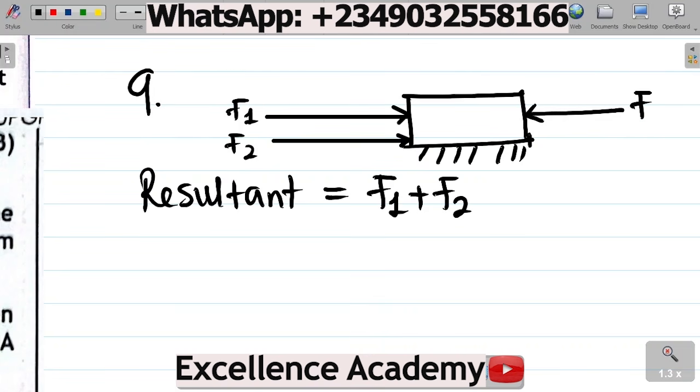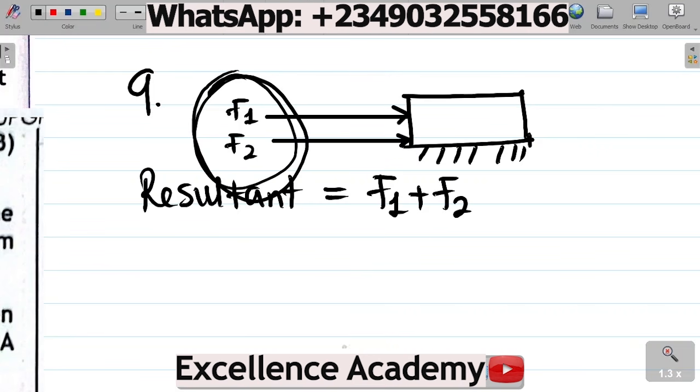All right. So if there's no F3 or any other force acting in the opposite direction, that means this effect will in no way be reduced. Instead, the maximum effect of these combined forces will be felt, since there is no other force opposing it.